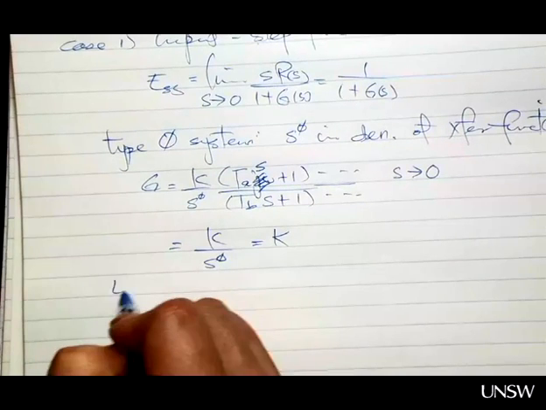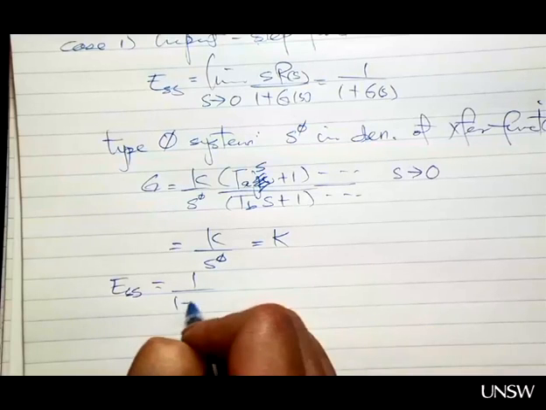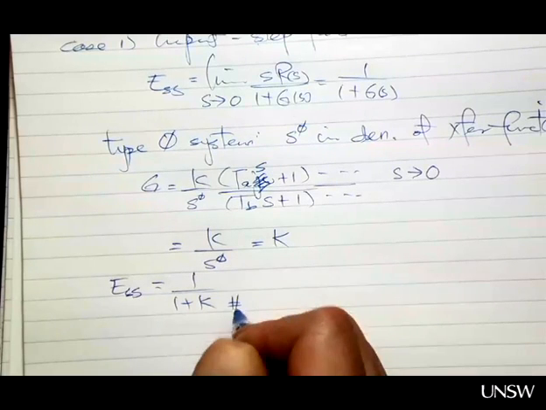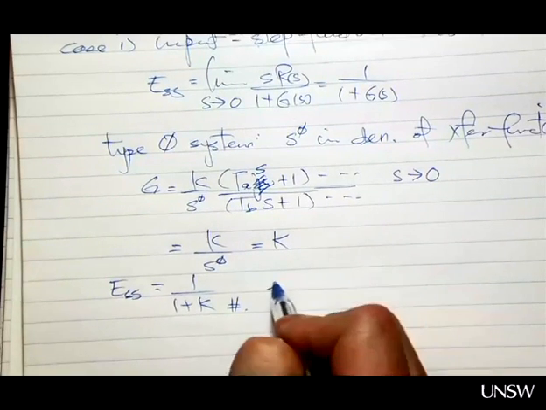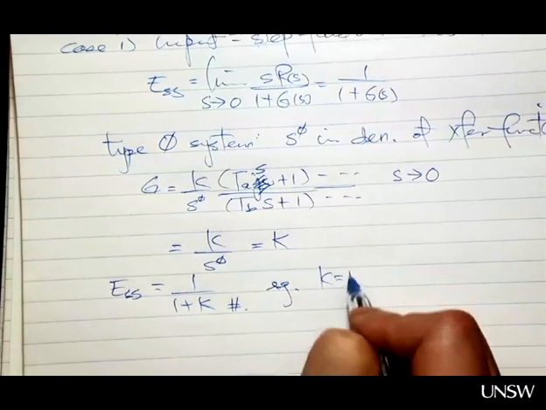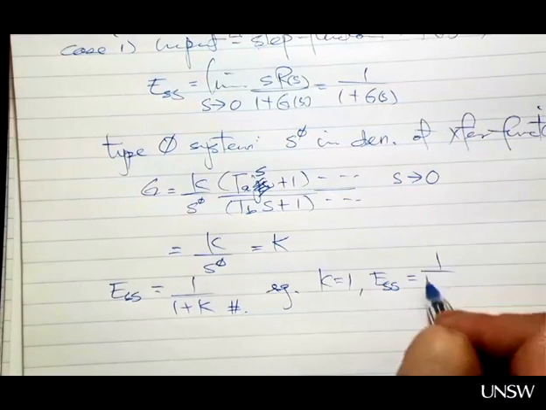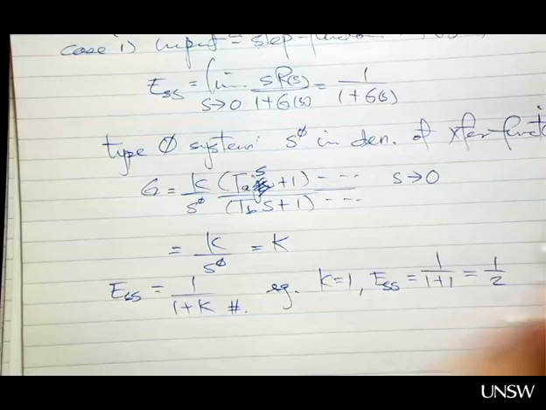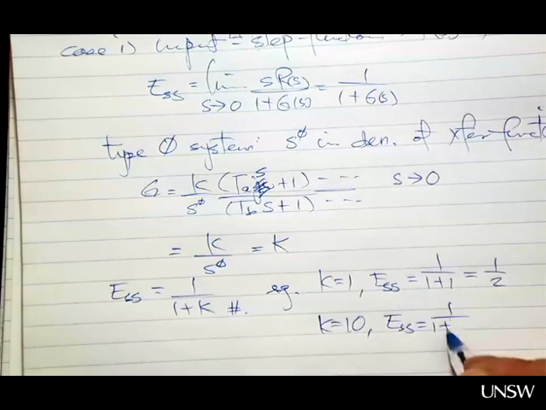So the error of the type 0 system equals 1 over 1 plus K. For example, if K equals 1, then the error equals 1 over 1 plus 1, which is a half. It is a very big error. If K equals 10, then it is 1 over 1 plus 10, which is 1 over 11. It is smaller than 0.1.